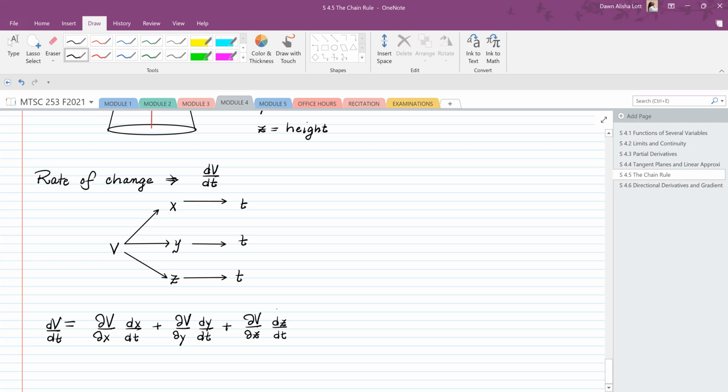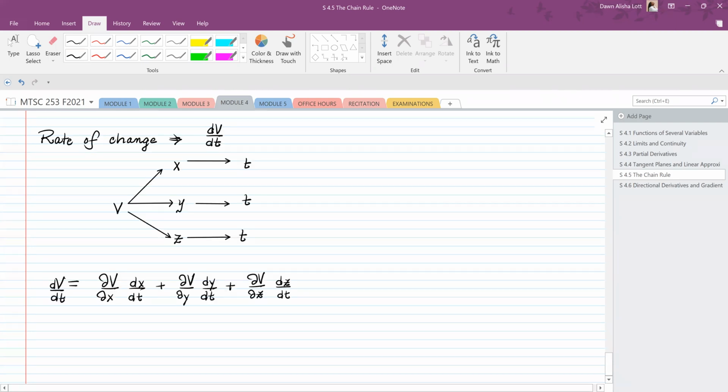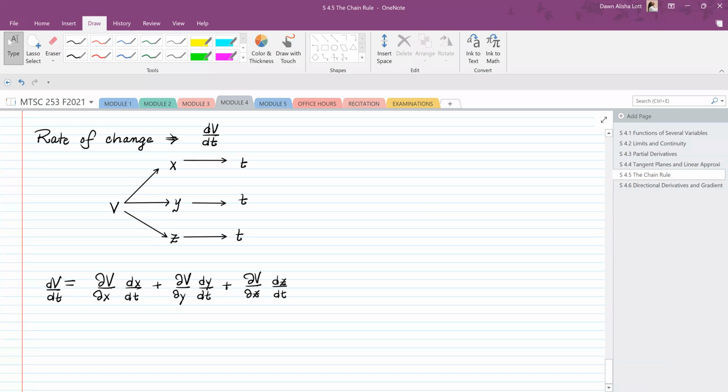Okay, so do you understand that? So this is the chain rule, or? This is the chain rule.